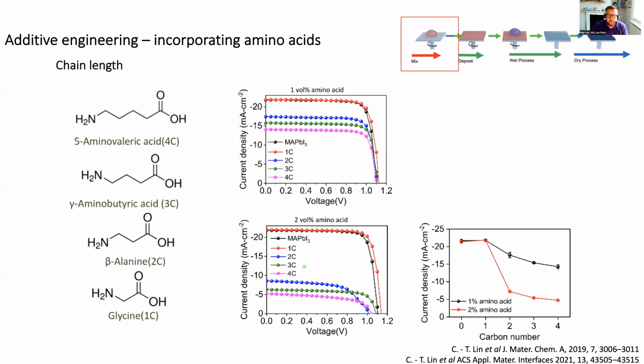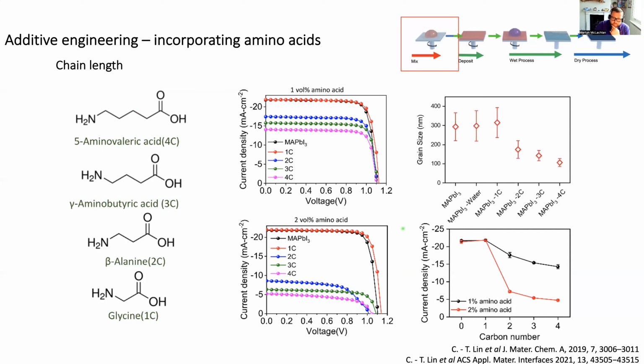So again, we see an optimum at around 1%, and we see this also for the shortest carbon chain, glycine, which is that which we'll go on to speak about.